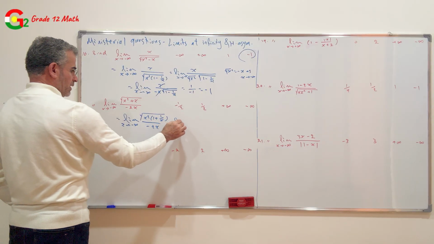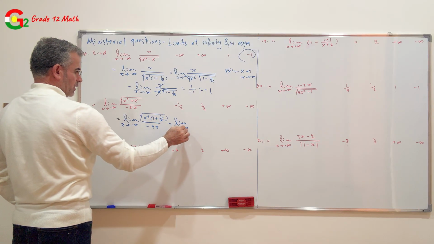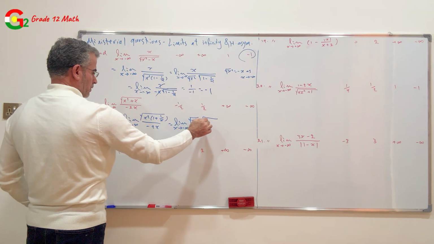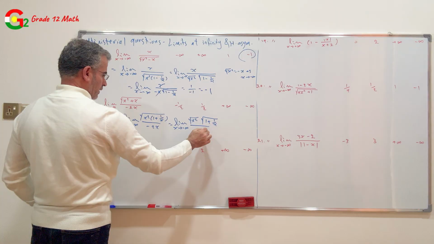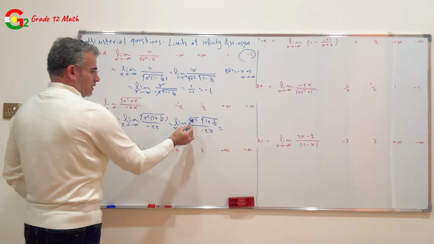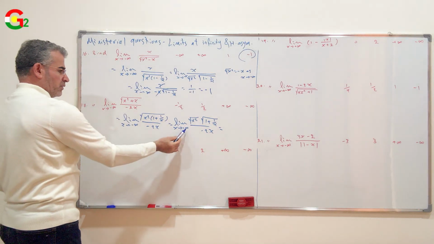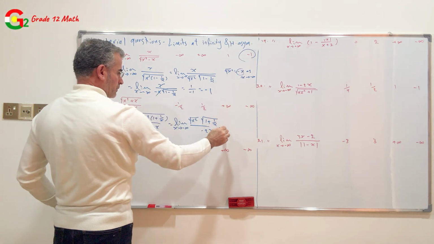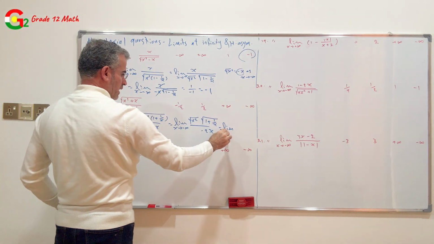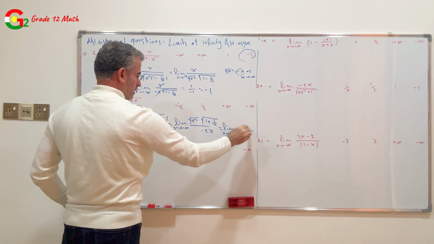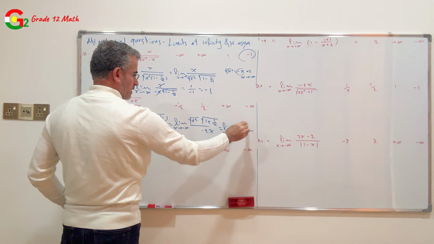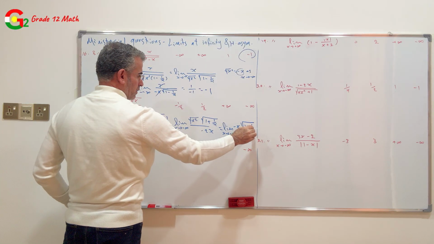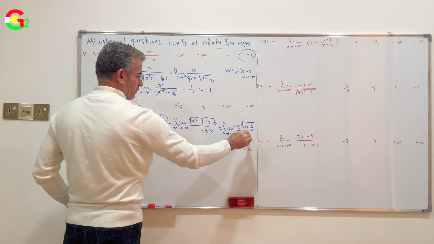The square root of x² when x approaches negative infinity is negative x, therefore it will be negative x times the square root of 1 plus 1 over x over negative 2x.